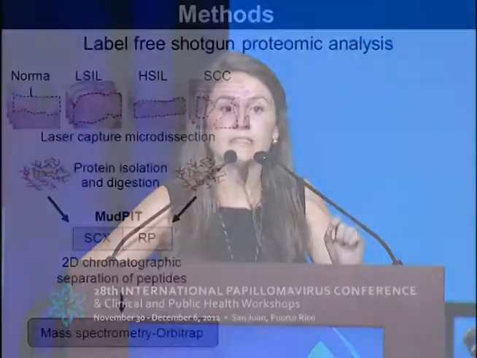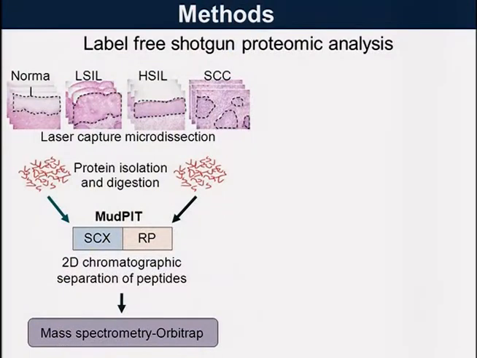So in order to identify the stage-specific biomarkers, we conducted a label-free shotgun proteomic analysis. What we did was laser capture normal cervical squamous epithelium, LSIL, HSIL, and cervical cancer, and we subjected these samples to protein isolation, digestion, and purification, and then we separated them by two-dimensional liquid chromatography and submitted them to mass spectrometry.